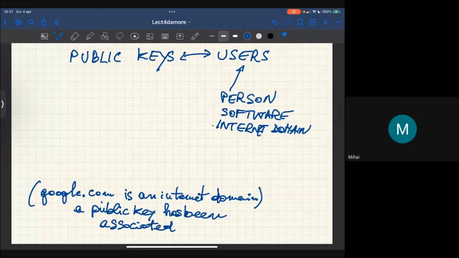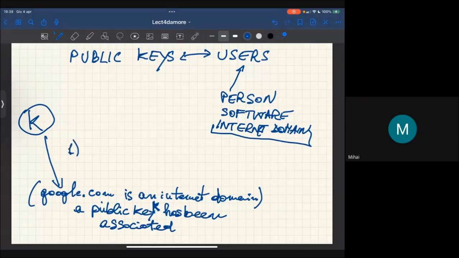What is important to say is that very often you can have a public key. Let me call this key K. This key is the key of the domain. It can be associated with the domain or also can be associated with the owner of the domain.